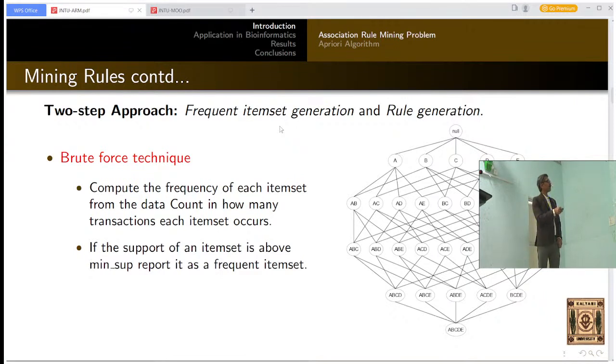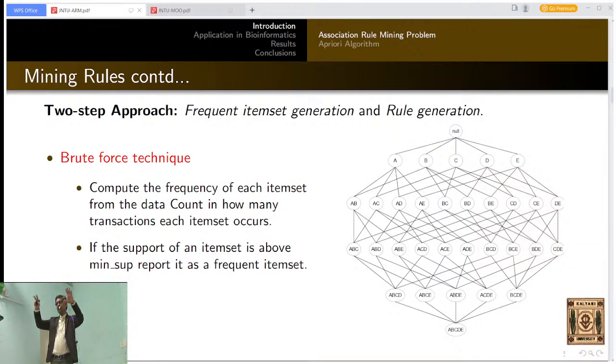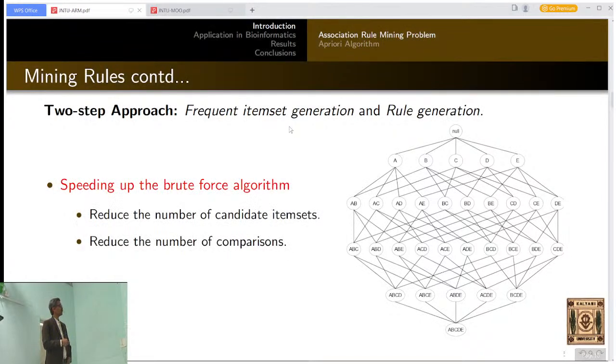So we have here 5C1 single item sets, then 5C2 2 item sets, then 5C3 3 item sets, and so on, right? So a lattice structure is like this. First it increases, then it comes down, because 5C4 is the same as 5C1, right? Now to speed up the brute force algorithm, we want to reduce the number of candidate item sets for which the support has to be computed.